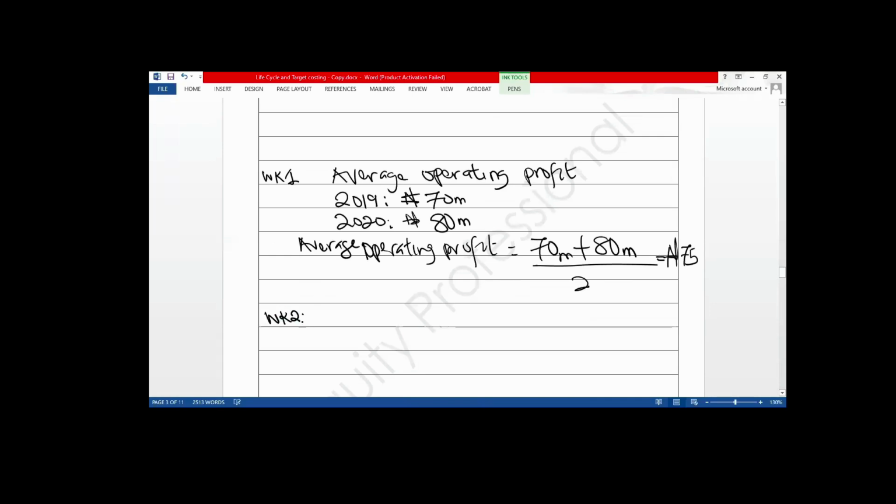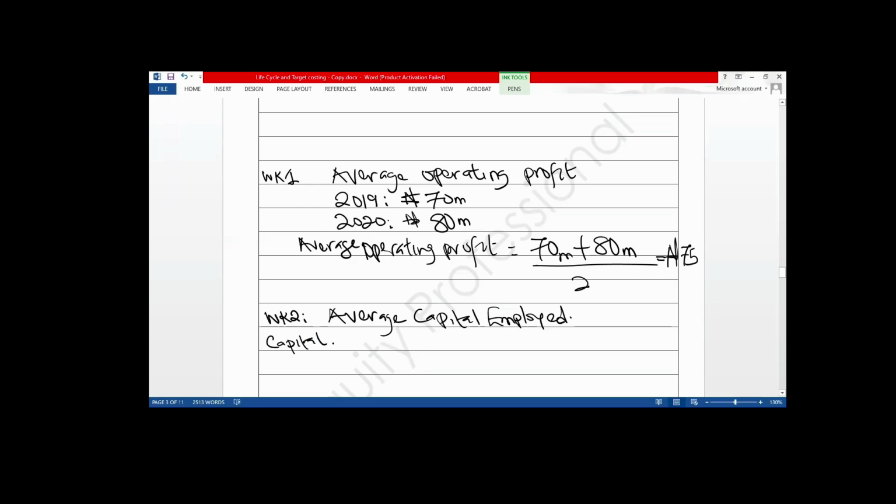Next, you're working to calculate average capital employed. Please, how do we calculate capital employed? Non-current asset plus working capital.